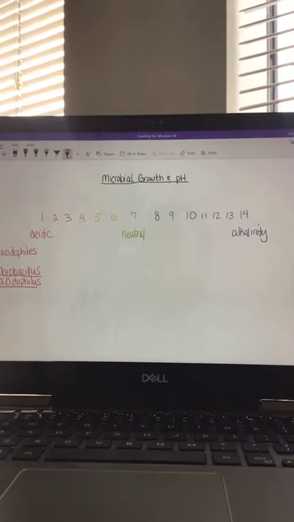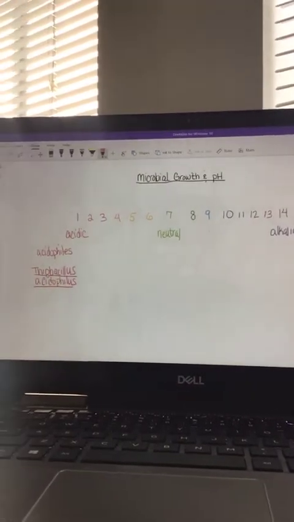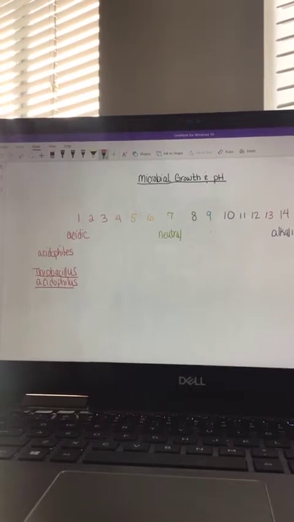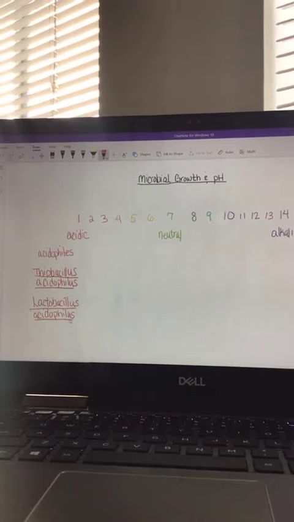Another one, a famous one that we would know, and we find this in yogurt, is Lactobacillus acidophilus. And you see that in yogurt.